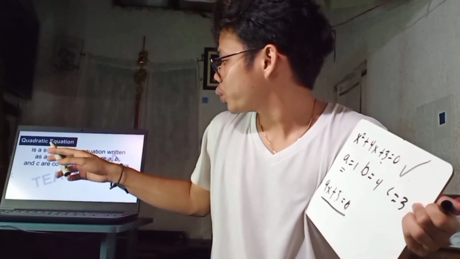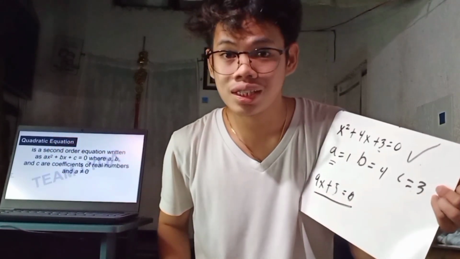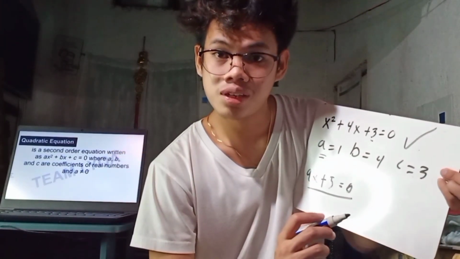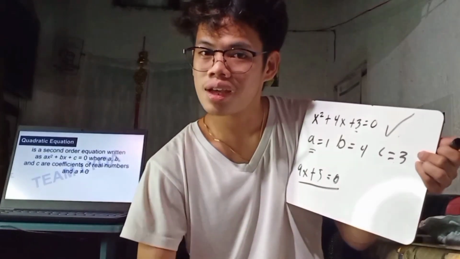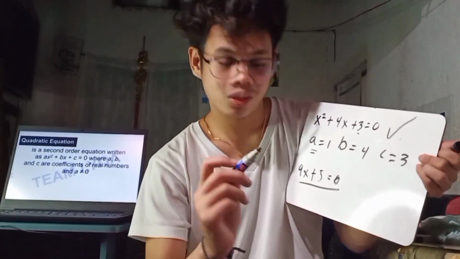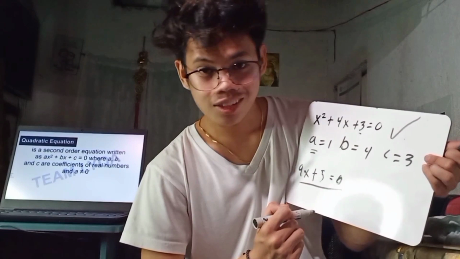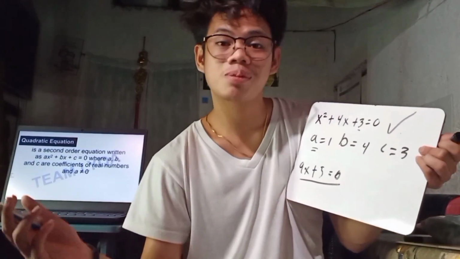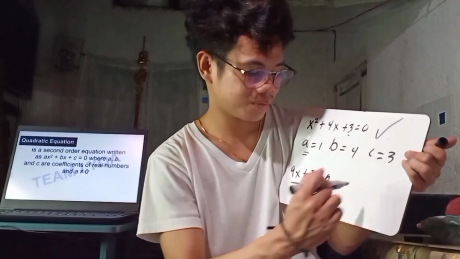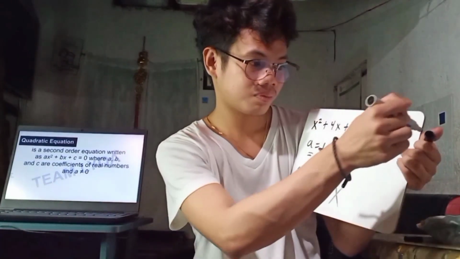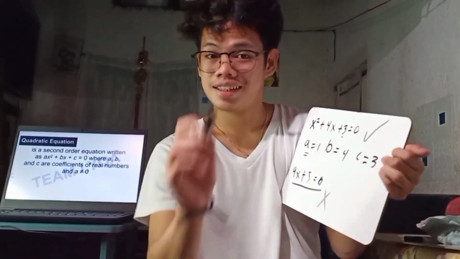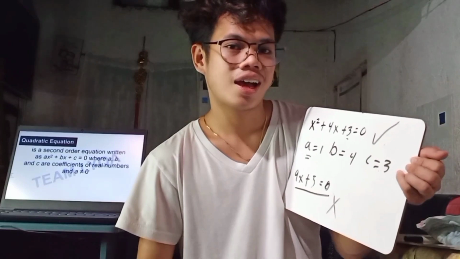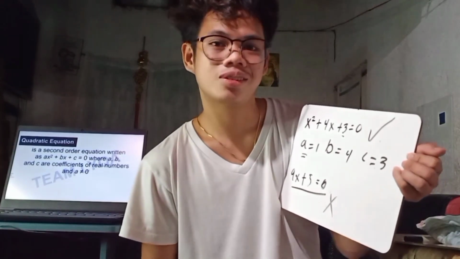It says here that a quadratic equation is a second degree equation written as ax squared plus bx plus c. Looking at the term ax squared, does it have an ax squared? None. So we can no longer call it a quadratic equation. And that is one of the ways to know if an equation is a quadratic equation.